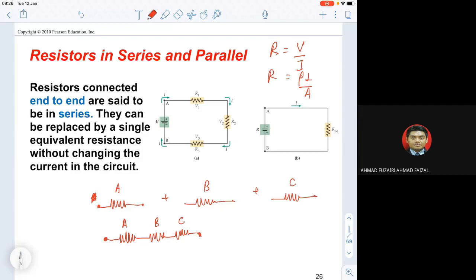So we can represent A, B, C, or maybe R1, R2, R3, depending on how you connect it, because we can have resistors in series and parallel.